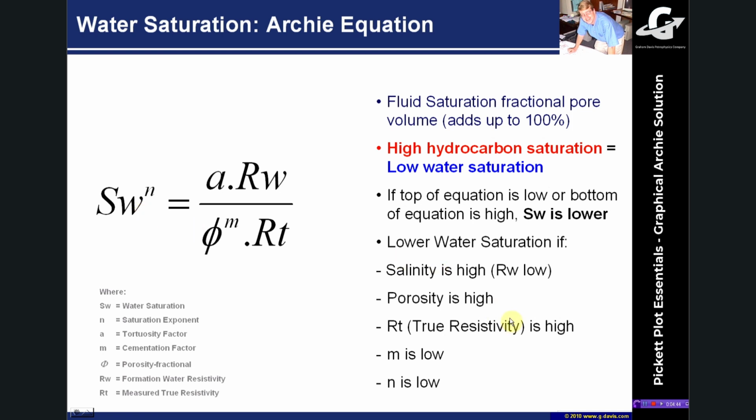It sounds a bit counterintuitive, I know, but trust me, if you have a look at it in Excel, you can work it out. And conversely, if N is low as well, then this saturation term will be lower.